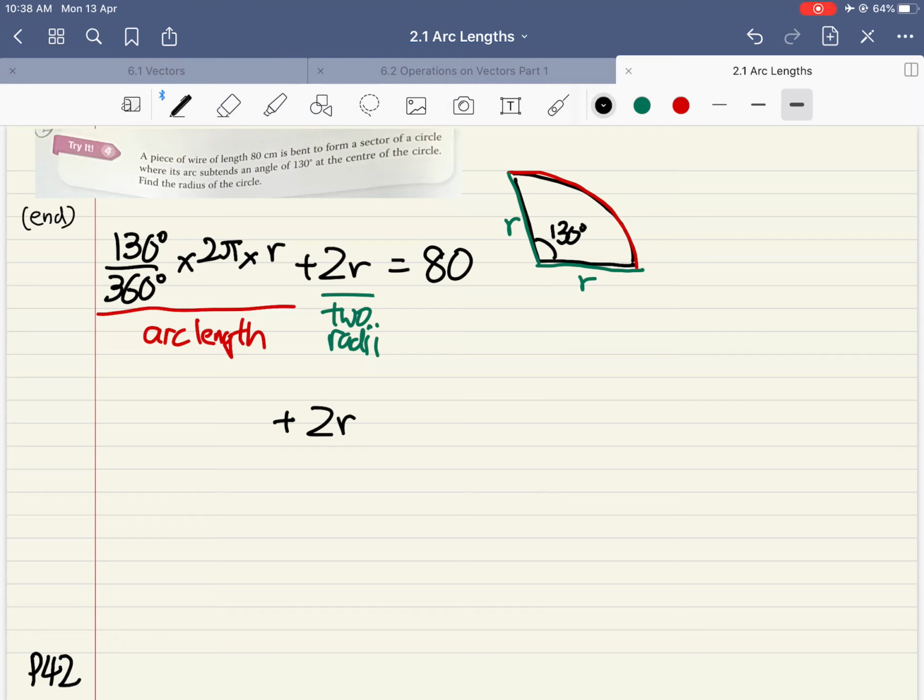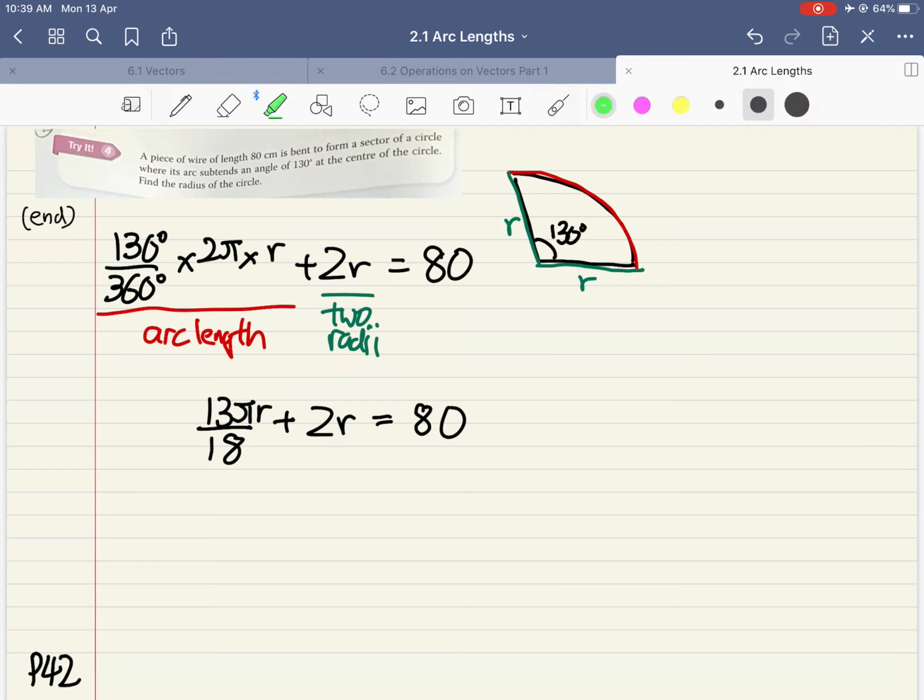For the arc length, just use your calculator: take 130 over 360, then times 2, leaving out the pi first. I will simplify this whole thing to 13 pi r over 18 plus 2r equals 80.